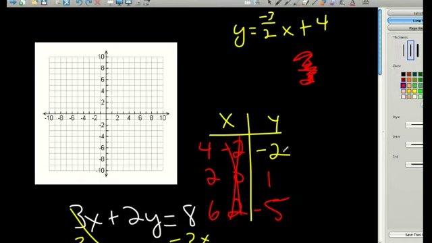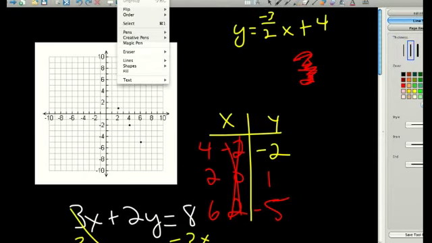Alright, and a good check is going to be when we graph this, these should all appear to be in a line. So 4, negative 2; 2, positive 1. Well, that looks like it could be a line. 6, negative 5. Yeah, we did the math right because that's in a line.